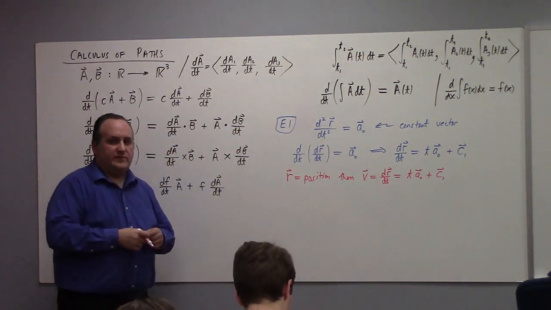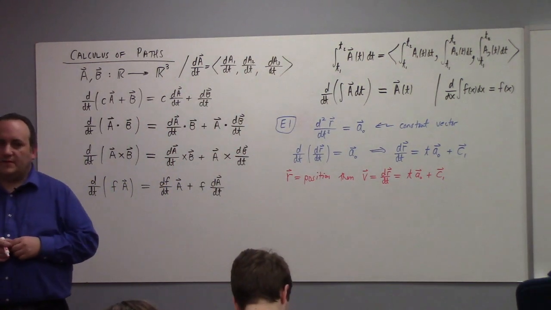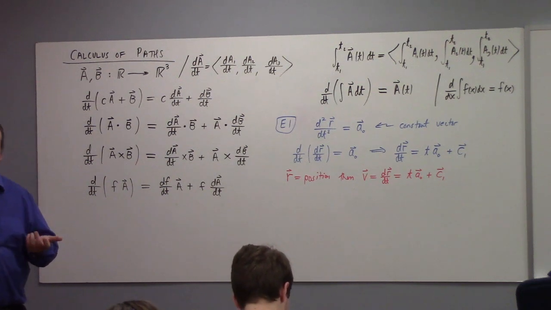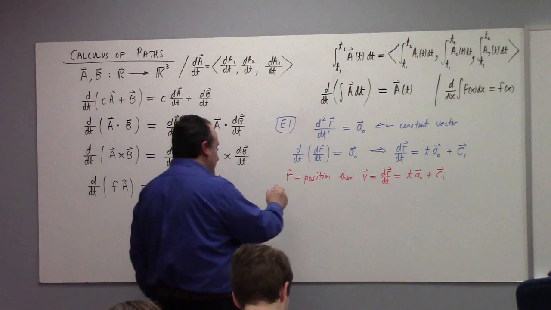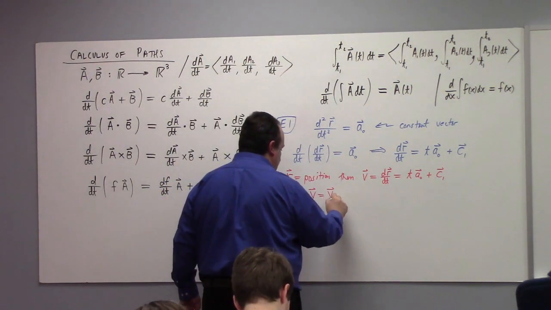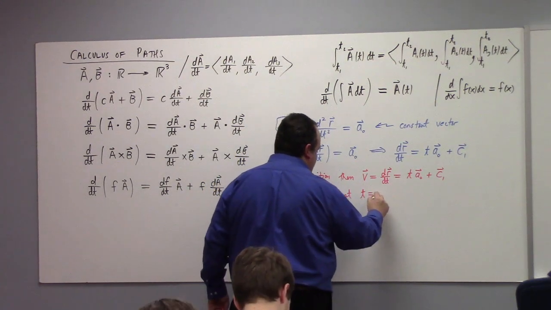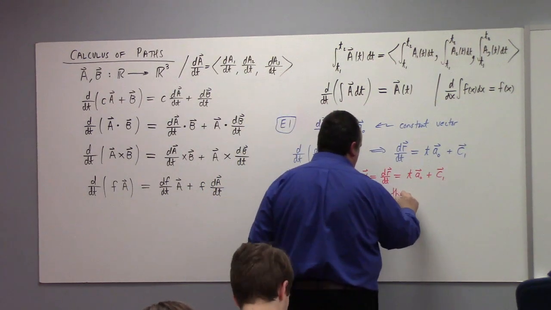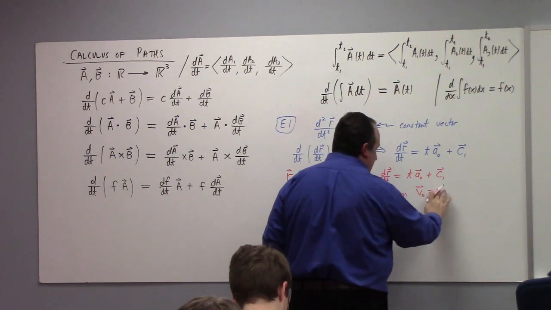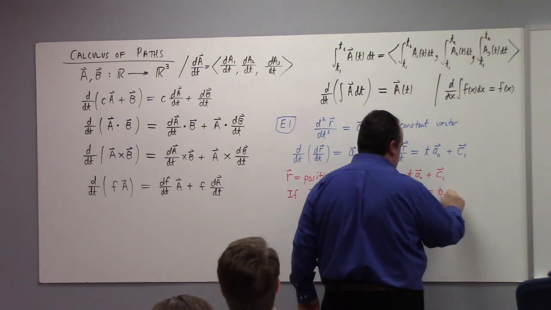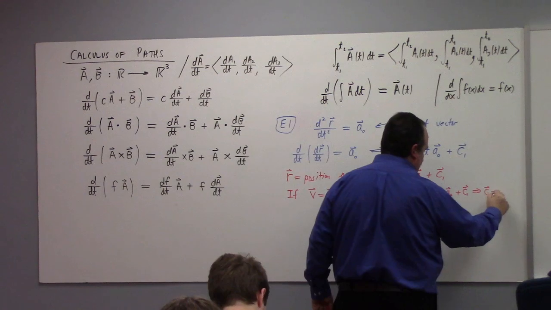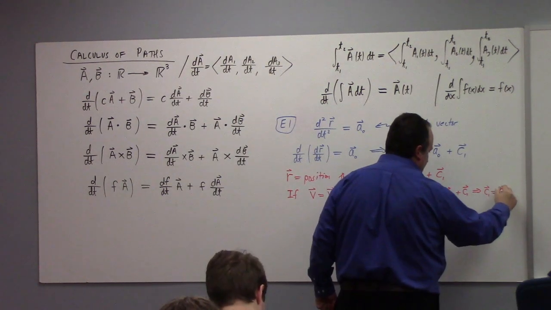But we don't usually write this formula in this way. Typically, we like to write the formula for velocity in terms of the initial velocity. So if the velocity is equal to v naught at t equals 0, then we have v naught equal to 0 times a naught plus c1, which is to say that c1 is equal to v naught.